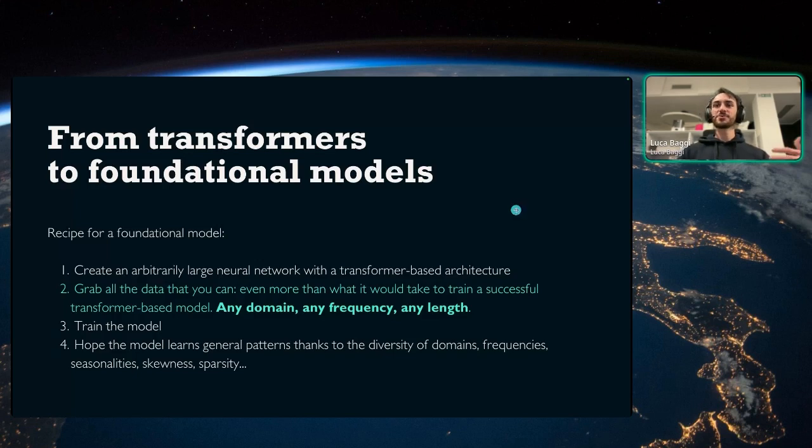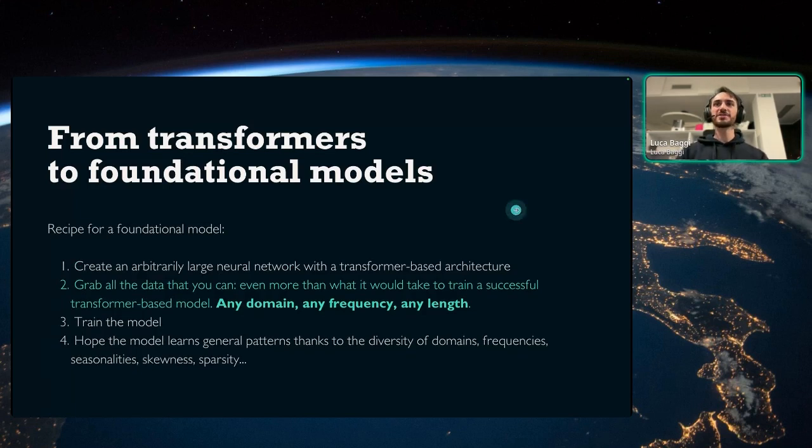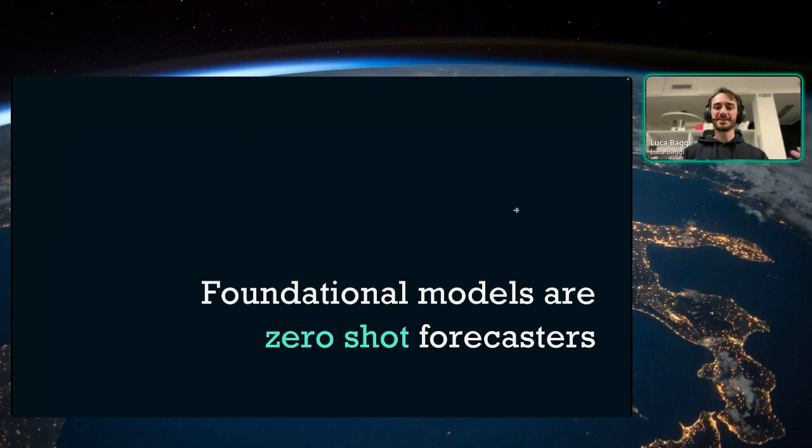This sounds really promising, and it has an incredible property: these foundational models aim to be zero-shot forecasters. This means that, given any time series, without any further training, they can generate a prediction for it. And this has its pros and cons, okay?